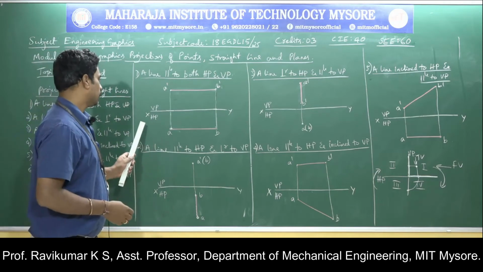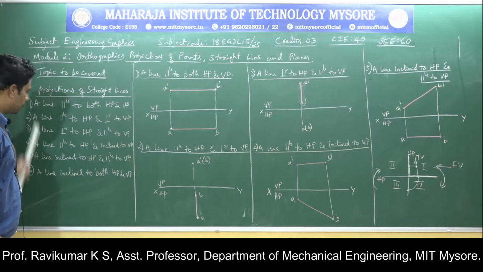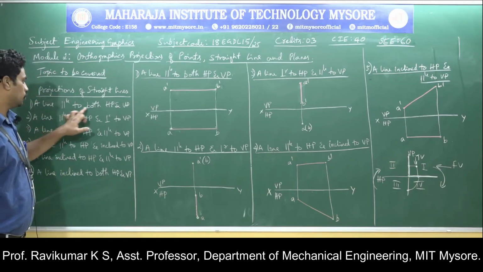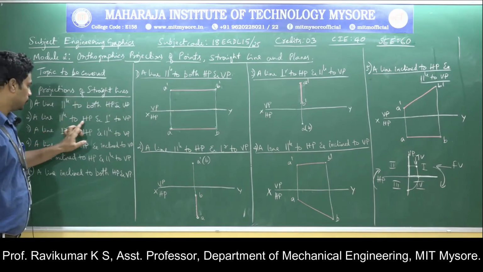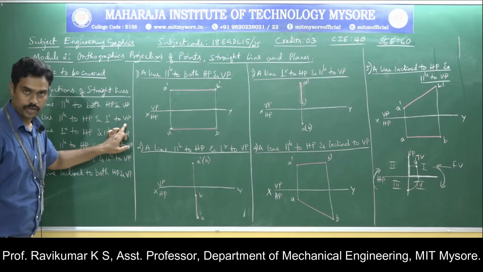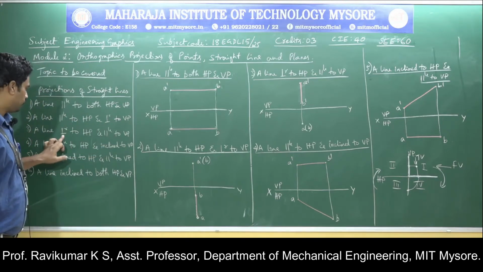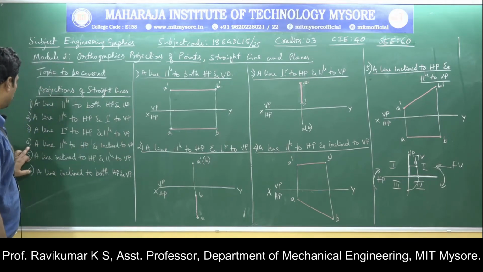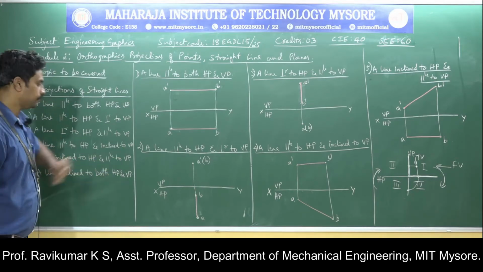Then in today's session, I will be taking different cases of lines. First, a line parallel to both HP and VP. Second, a line parallel to HP and perpendicular to VP. The third case is a line perpendicular to HP and parallel to VP. Fourth, a line parallel to HP and inclined to VP.